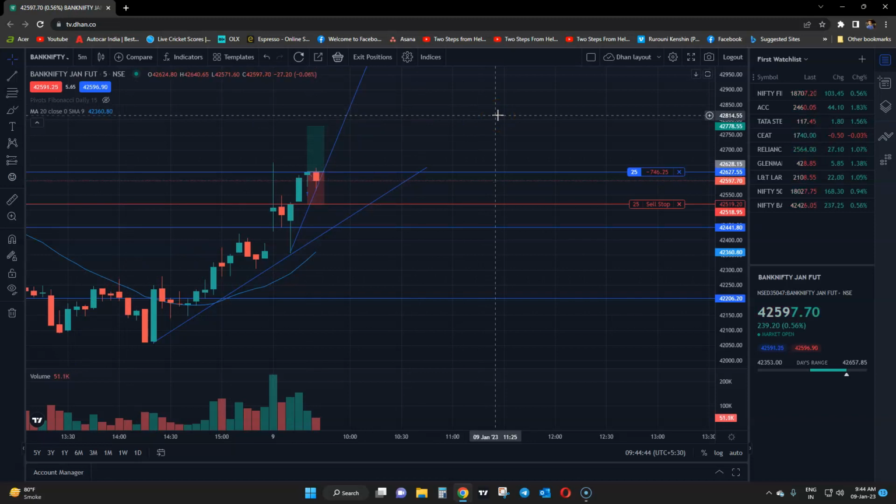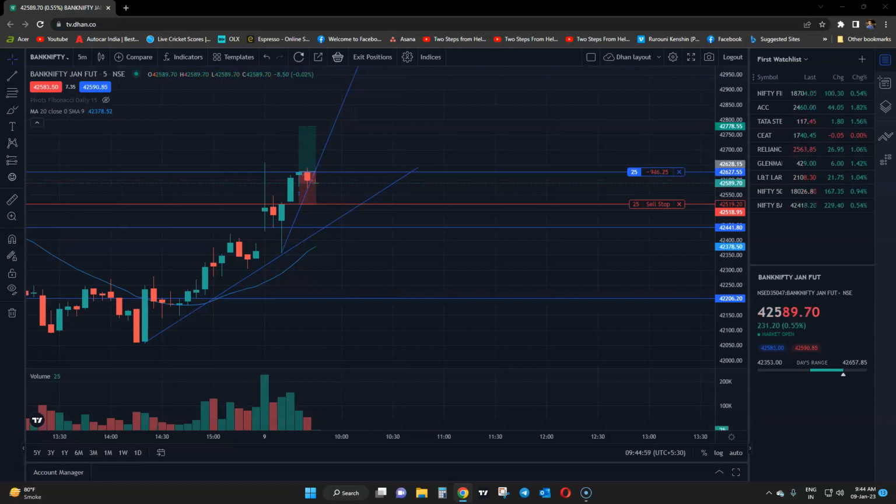Mostly you can see that it feels like a sideways market now. Well, someone had predicted a sideways market yesterday. I guess who? I don't know.